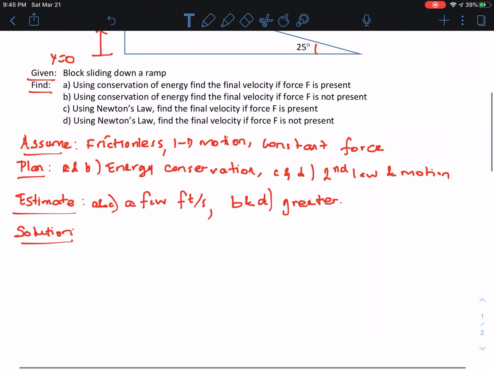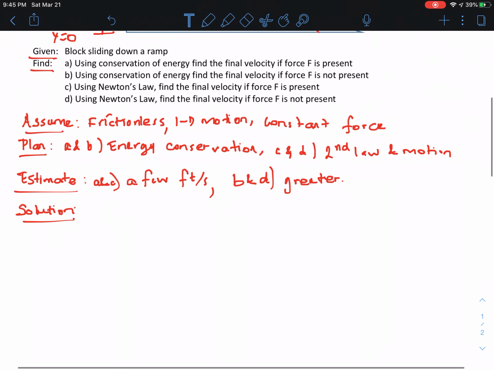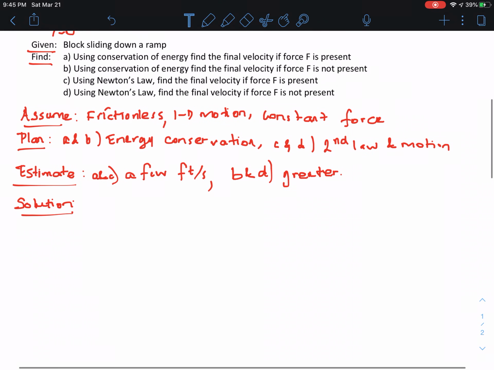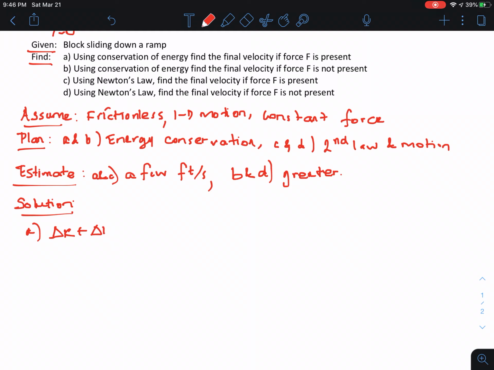So how do we solve energy conservation problems? For part A, we are going to find the speed at the end of the ramp. The first step is writing the equation. The equation would be delta K plus delta U plus delta I. All the energies: K is kinetic, U is potential, I is internal energy.